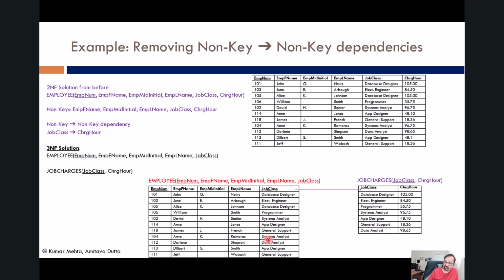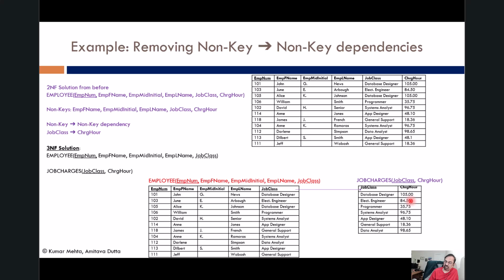Okay? So I don't have an insert anomaly. Similarly, if the hourly rate for a database designer changes, I would just need to change it in one place, unlike in the previous table where I would need to change it in more than one place. So there is no update anomaly.